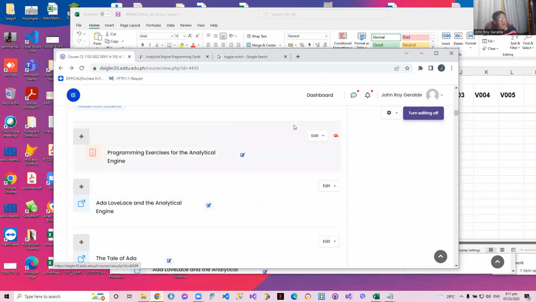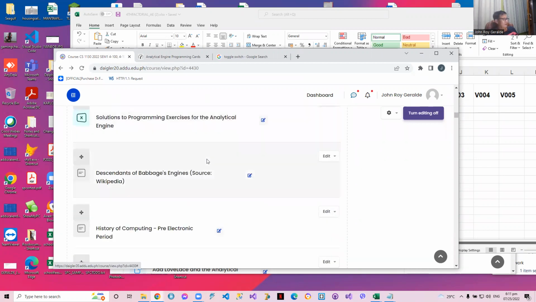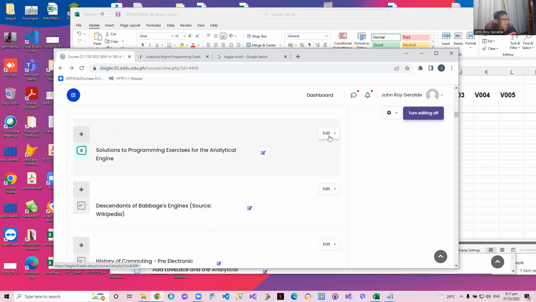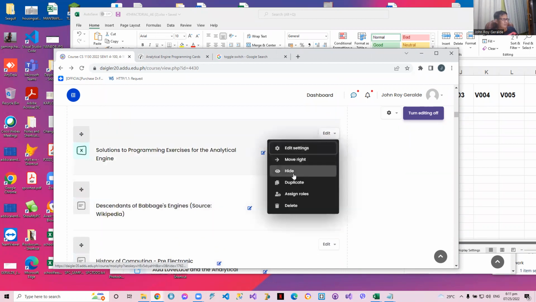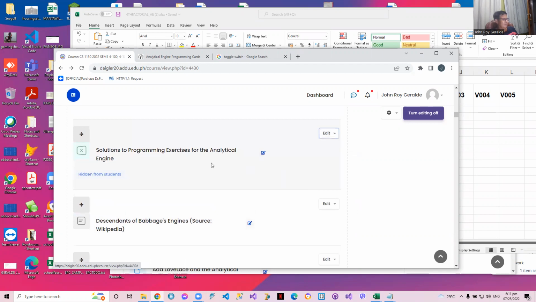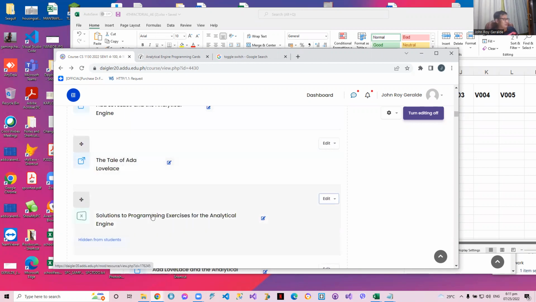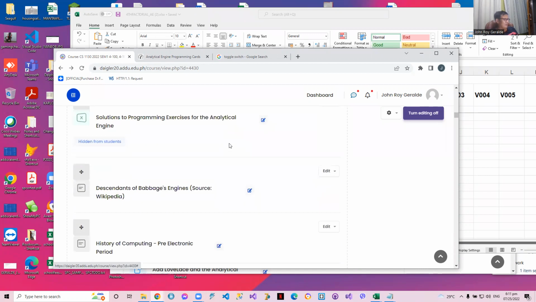So for the moment, it should be enough for now, no? And then we will discuss the solutions, no? Baka may mali pa nga, baka may mali pa itong iba, no?